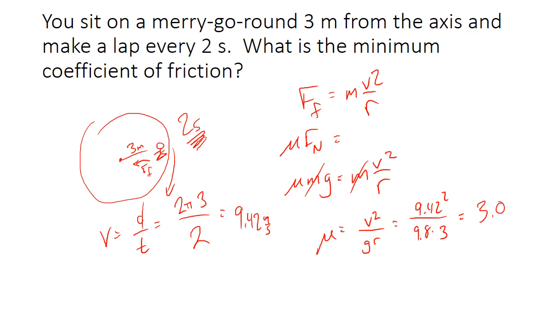And no unit because it's a coefficient of friction. So you better be very sticky because you're going around really quick. But hey, whatever. Make sure you divide those properly, I suppose.